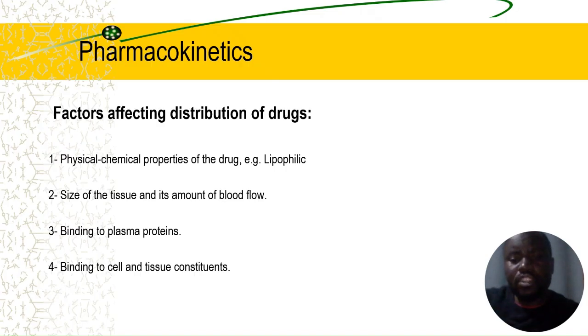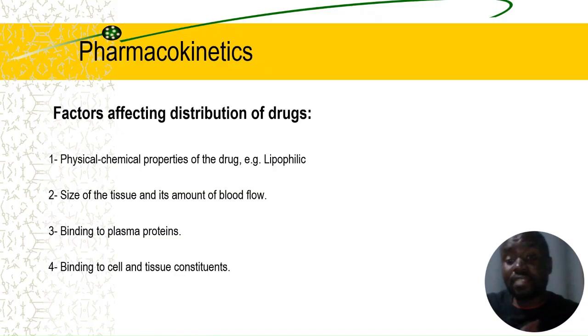The other thing is the ability of the drug to be bound to plasma proteins, because if the drug is highly bound to plasma proteins, it becomes a larger molecule and cannot easily diffuse. Therefore, plasma protein binding also influences the size of the VD. The binding of the drug to cell and tissue constituents also influences this.